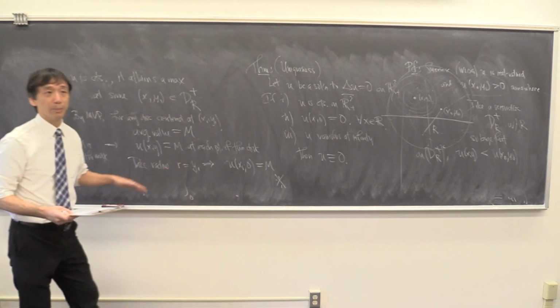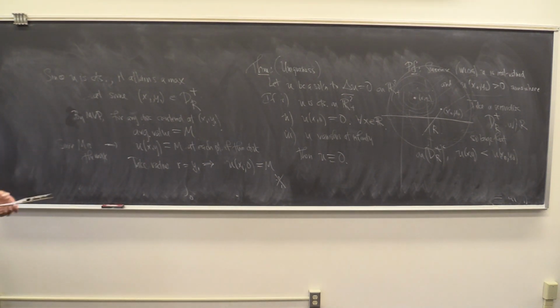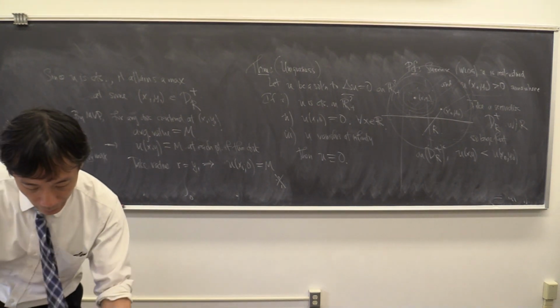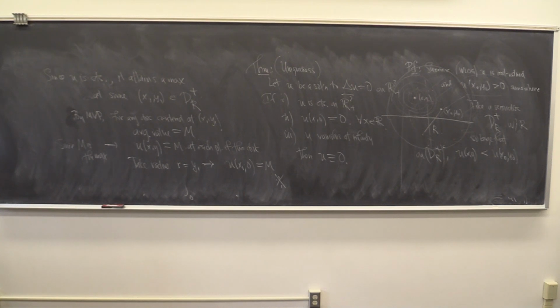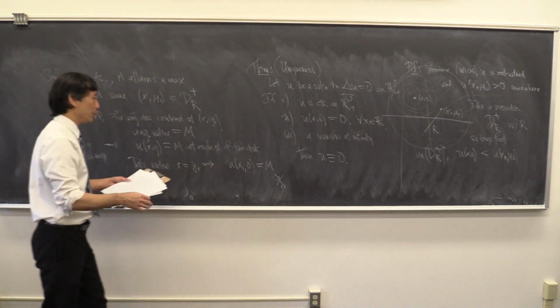But u is supposed to be 0 on the boundary, so that's a contradiction. Okay. So that's how you see uniqueness, using the mean value property.